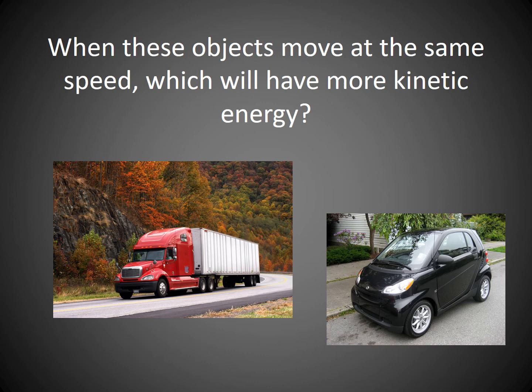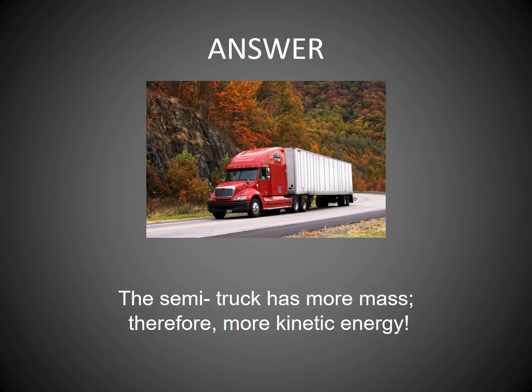So when these two objects move at the same speed, which one would have more kinetic energy? Well, let's think about it. The fastest and the most massive, so which one has the greater mass? If you said the truck, you're right, because the truck has more mass, so it's got more kinetic or energy of motion.